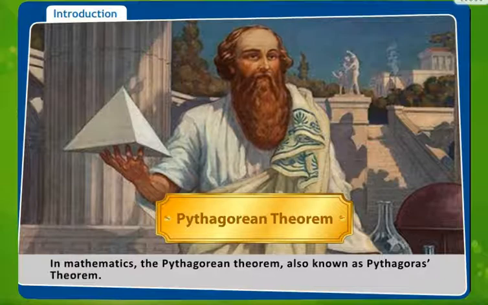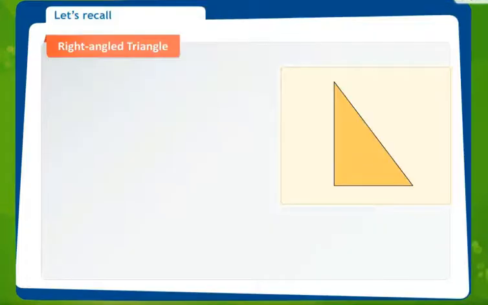I hope you have understood what a right angled triangle is. As we have already learned, in a right angled triangle, a right angle is formed, and hence it is called a right angled triangle. The side opposite to the right angle is called the hypotenuse.